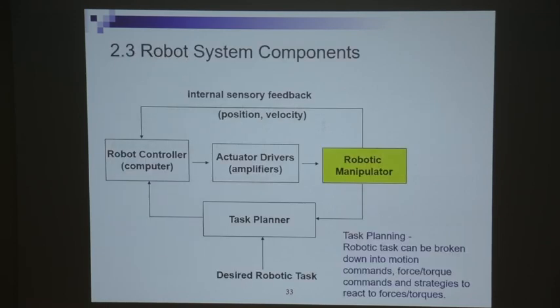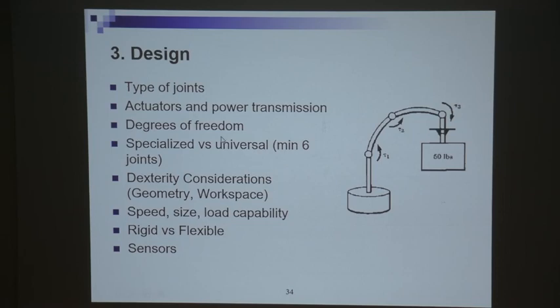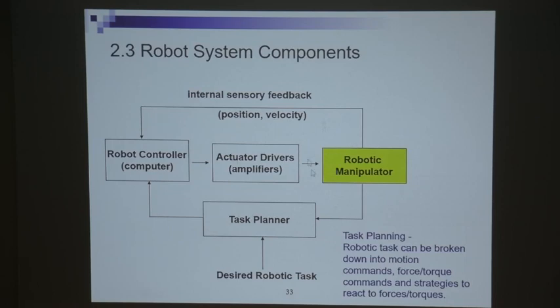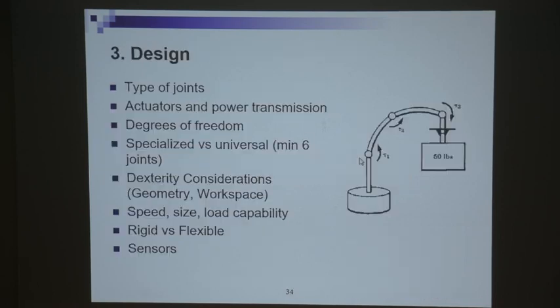When you know how the manipulator interacts with the rest of the components, the next thing is how we can design the robot manipulator. To design it, we say the manipulator is comprised of joints as well as links.